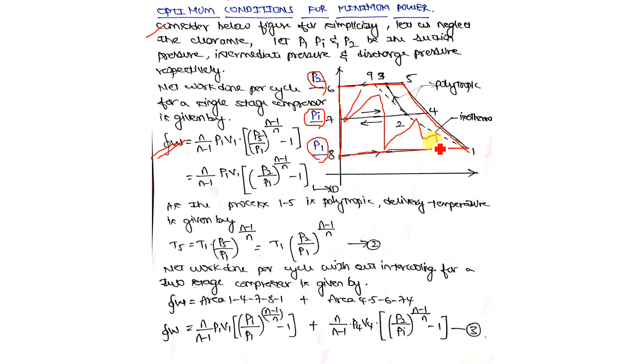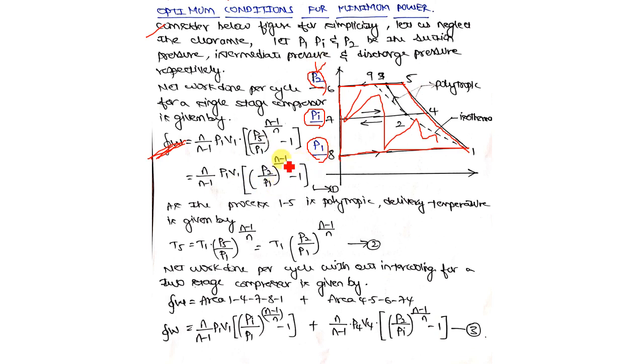If you apply that expression, you will get this particular expression here. Okay, so that is n by n minus 1 P1 V1 into, actually it is P5 by P1. P5 is also equal to P2, which I have taken as P2. So it is P2 by P1 whole to the power of n minus 1 by n, minus 1. I will take this as equation number 1.